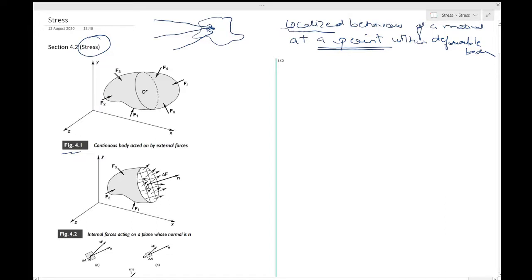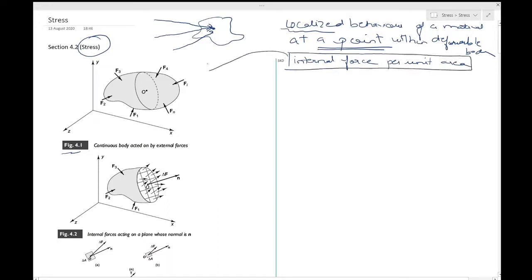So let's consider the internal force per unit area. This is what we would want to study first, in a figure like this.